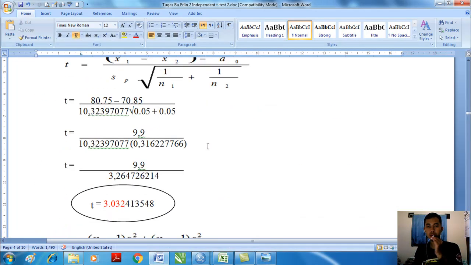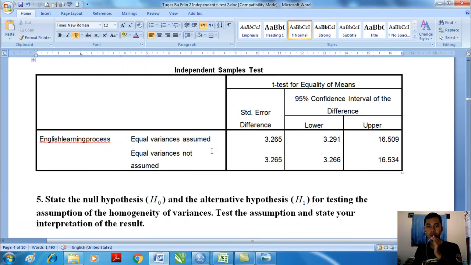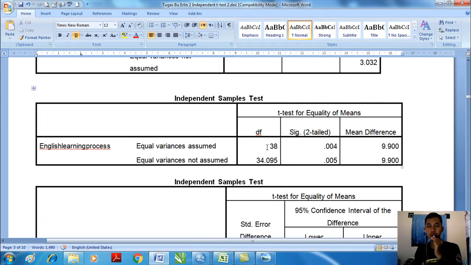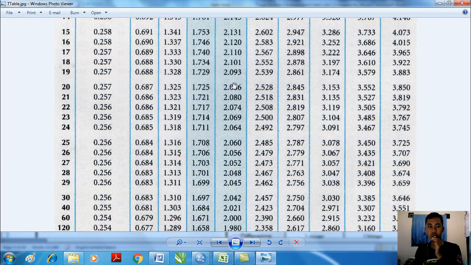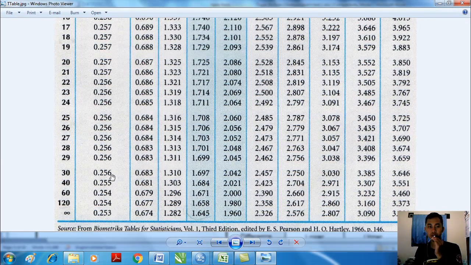Look at the table, you find first the degree of freedom, df. Df is 38, so here you focus on 38. 38 is between 30 and 40 here. We can use the upper or lower, it's okay.